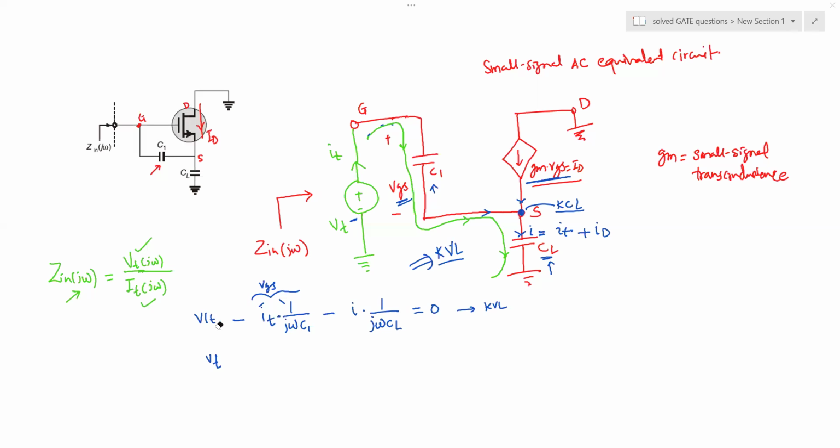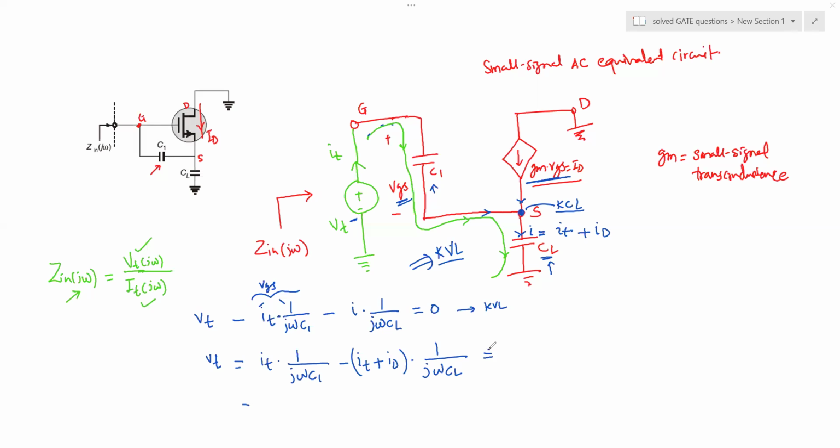Here also we have to correct what we are using. So VT is equal to IT multiplied by 1 over j omega C1 minus, now I is actually IT plus ID, into 1 over j omega CL. Okay, that's the current I have.